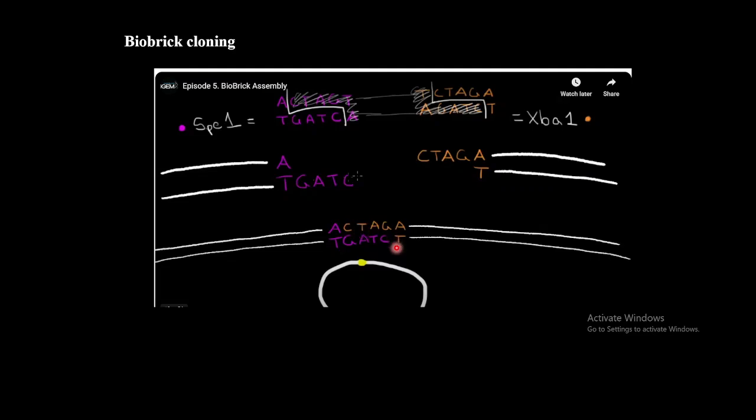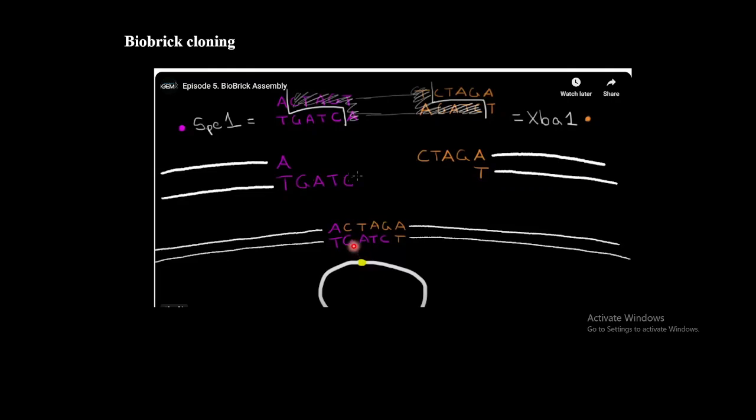But now what will happen, this particular sequence ACTAGA will not be cleaved by SpeI or by XbaI, because SpeI requires ACTAGT, but here you are having ACTAGA, so it will not be recognized by SpeI. Similarly, for XbaI you require TCTAGA.